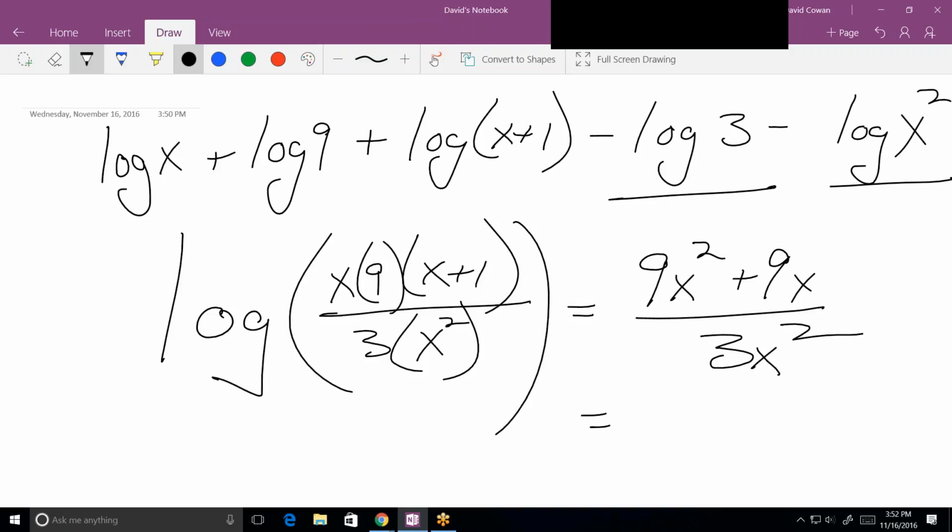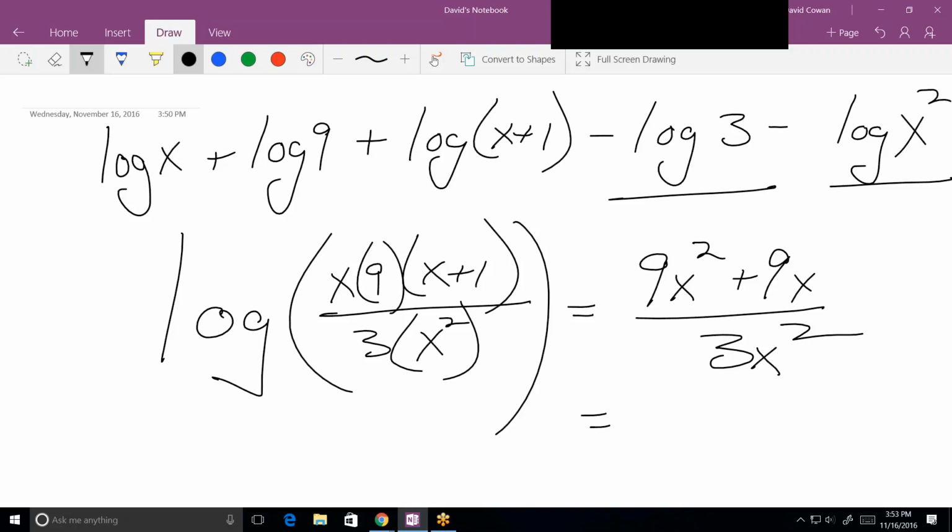You can take out 9x from the top. Well, what can I take out from top and bottom? Isn't the top a binomial, so you can't simplify? You can definitely take out 9x from the top, but I want to be able to divide it by the bottom also.